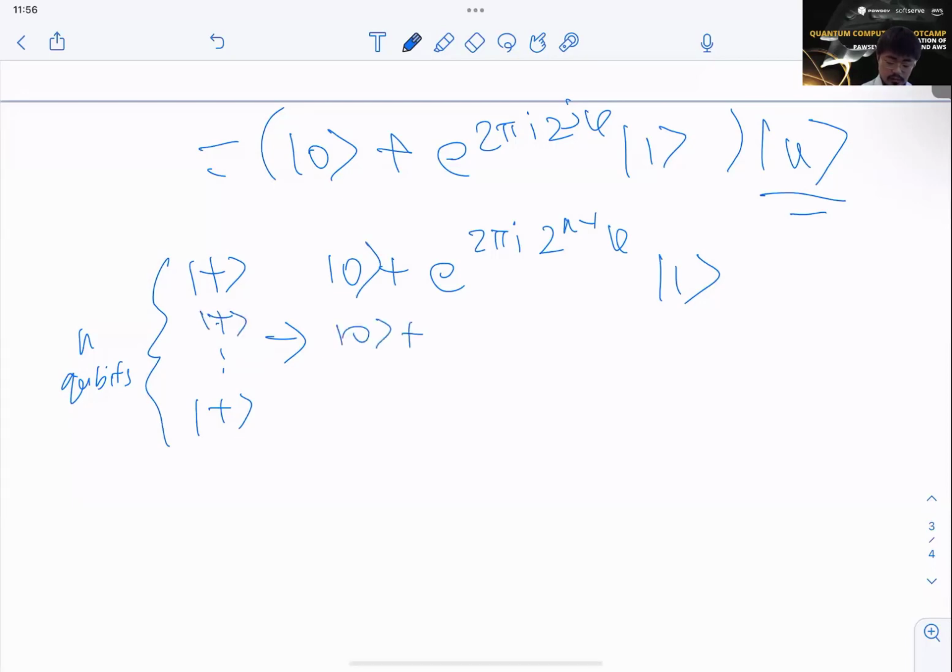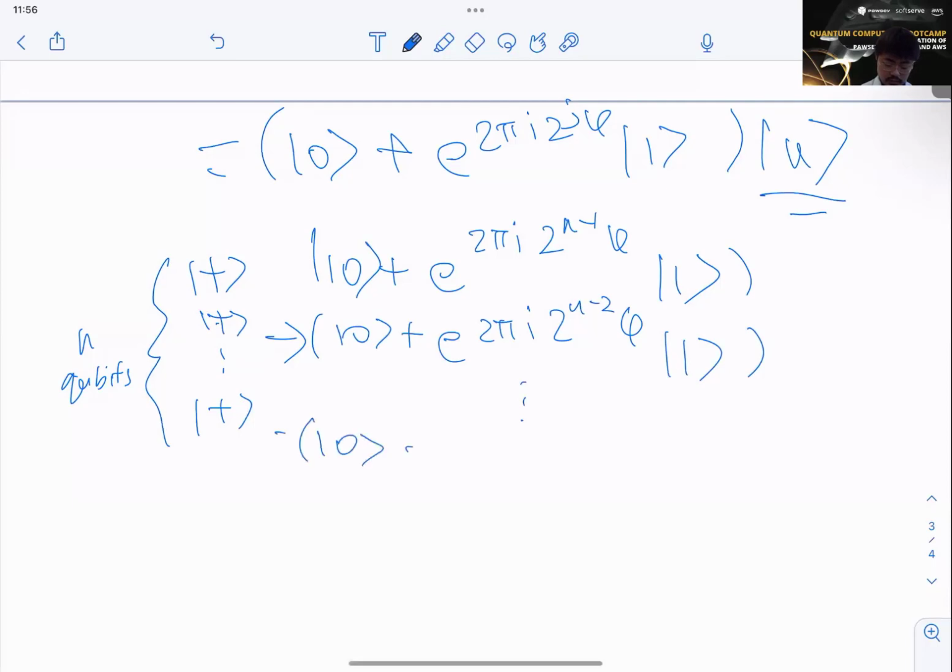This one would give us e to the power of 2 pi i 2 to the n minus 2 phi. And all the way down, this is e to the 2 pi i 2 to the power of 0 phi. Can everyone see that?